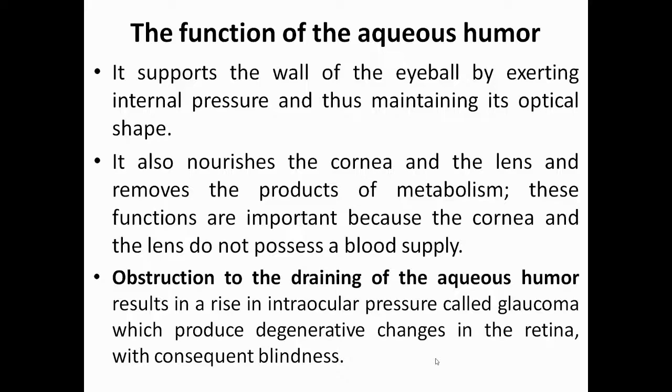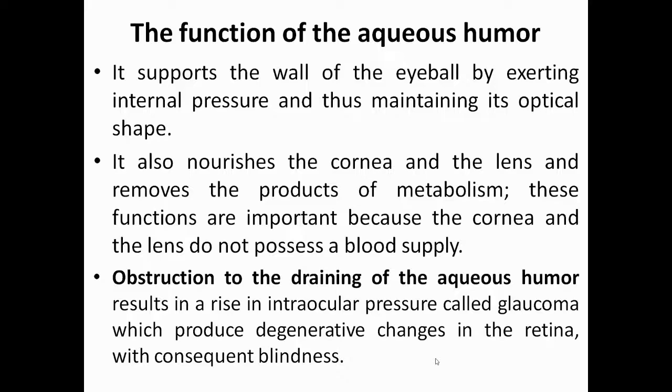It nourishes the cornea and the lens and removes the products of metabolism. These functions are very important because the cornea and lens do not possess a blood supply. So this is very necessary for nourishment and for the excretion of all the waste products.